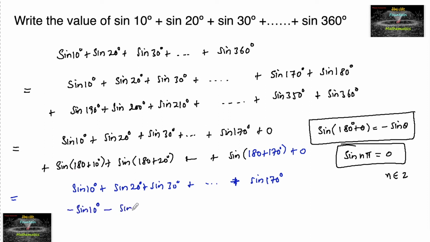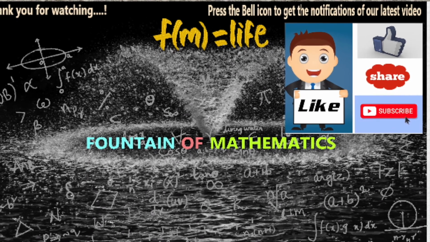So minus sin 20 degrees, minus sin 30 degrees and so on, minus sin 170 degrees. So each and every term will get cancelled, and finally we get the answer 0. So the value of sin 10 degrees plus sin 20 degrees and so on to sin 360 degrees is 0. Okay, thank you.